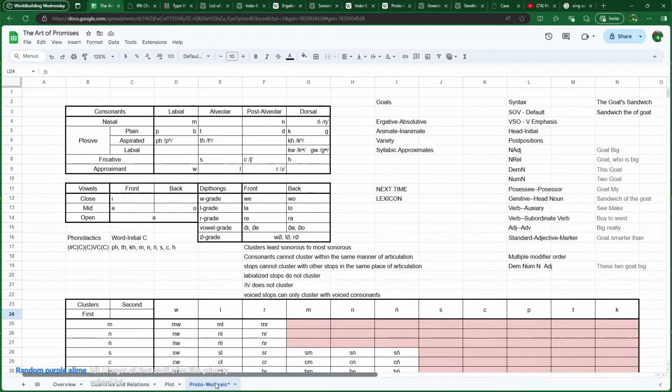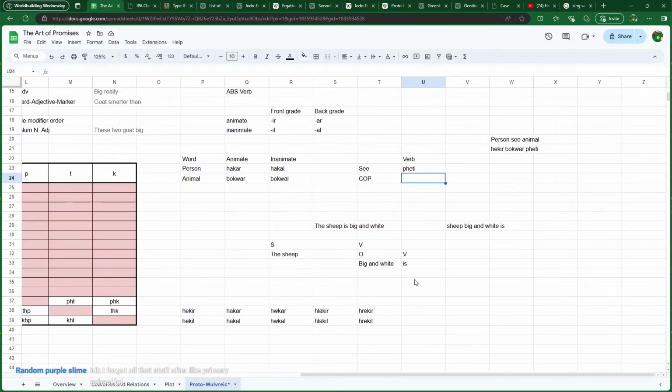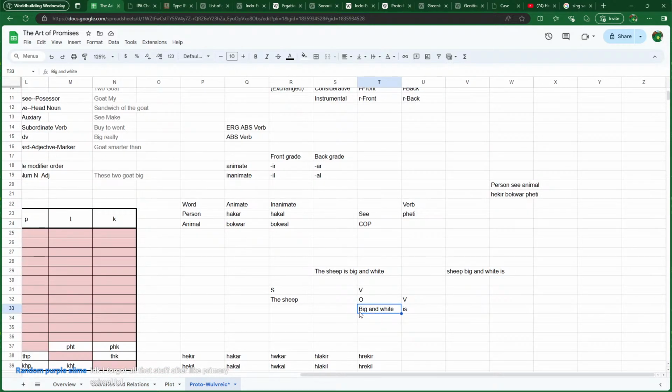I forgot all that. Big and white are adjectives, aren't they? Yes. Well, okay. Adjectives can also be the object. It's not specifically having to be nouns, because this verb means the sheep has these qualities.